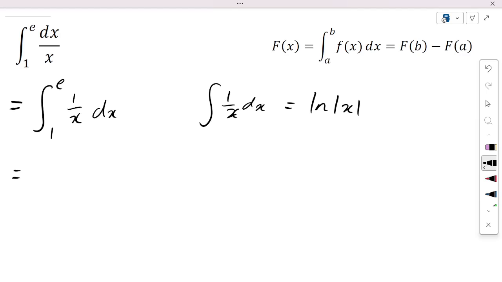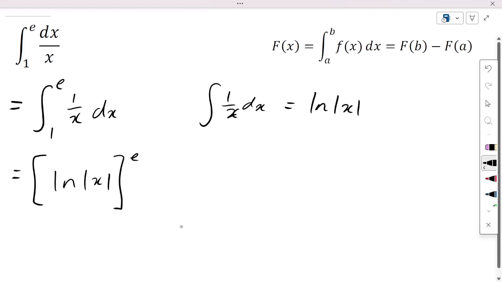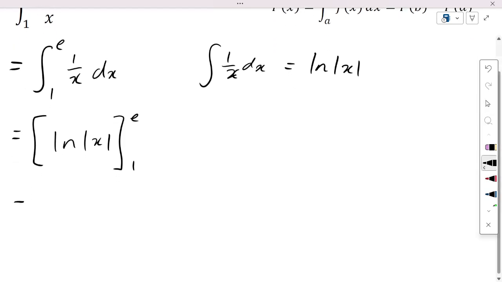We're going to take the integral now. Okay, so first of all we need to write our bracket here. This is going to be the ln, the natural log of the absolute value of x, like that, right? Then we close our bracket there, upper limit and lower limit. So now we're going to write it like this. It's going to be ln of the upper limit, which is e, minus ln of the lower limit, which is 1.